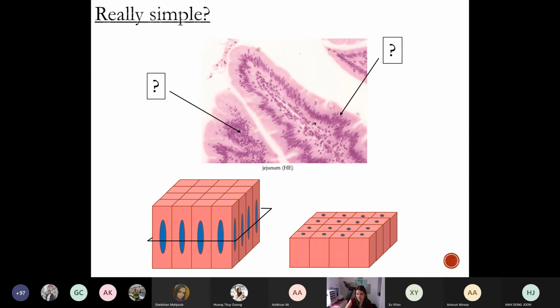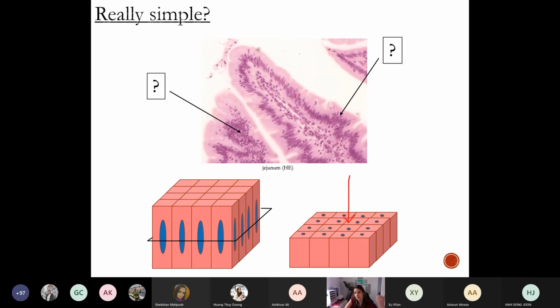How is it possible? I try to demonstrate it here on the lower part. If there is a simple epithelium and you make a cut in the plane where this black rectangle is, then this is what you would see if you took a look from above. You would see lots of nuclei next to each other.